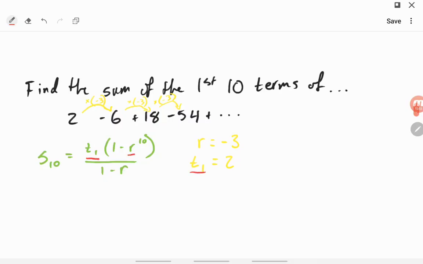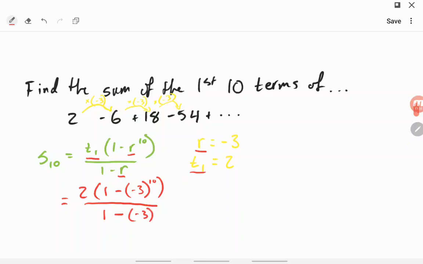And we need to know r, which is right here. So let's replace those in so that we can find what S, the sum of the first 10 terms of this series is, right? So that's going to give us 2 times 1 minus r raised to the 10th power. And that is being divided by 1 minus negative 3.